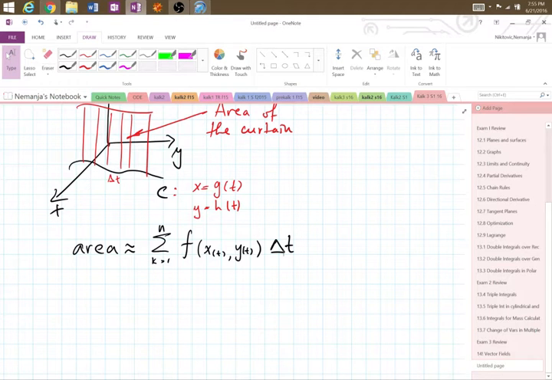So now you do the same trick, which is n goes to infinity. If n goes to infinity, we know that delta was always b minus a over n. So as soon as you send n to infinity, delta must go to 0 because you are dividing the finite number by infinity.